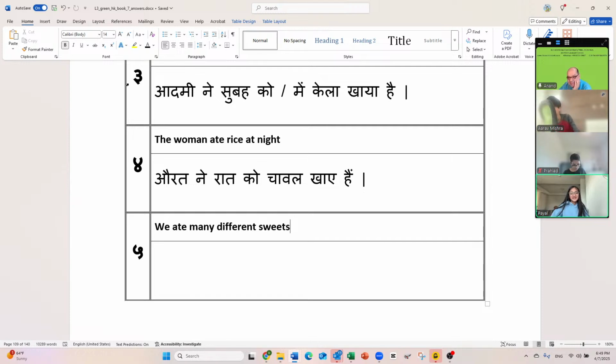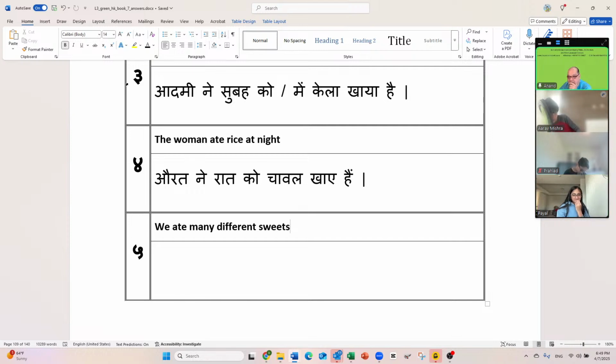Go. हम, wait, I'm forgetting different. Okay. Alag alag. हम अलग अलग मिठाई, wait, हमने अलग अलग मिठाई खाई, खाई है.